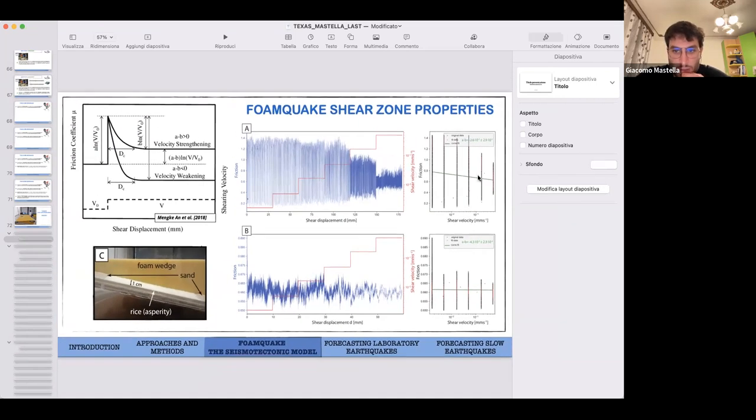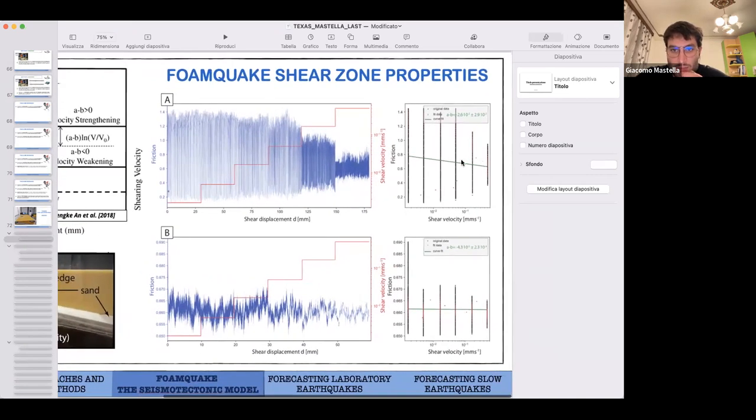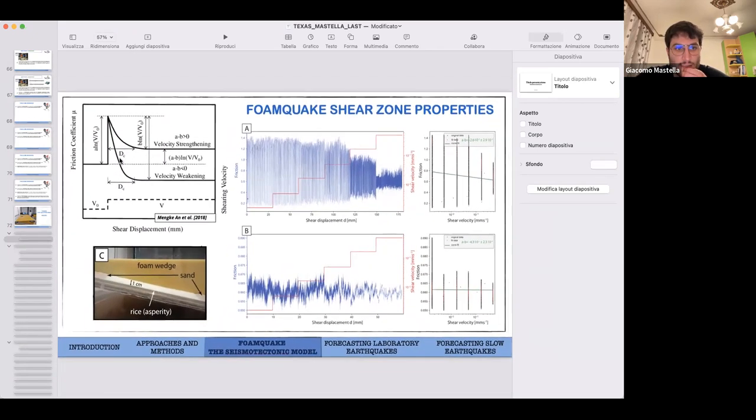Basically you obtain what is called the A-B parameter, which is the rate parameter that describes how one material changes its friction due to a velocity perturbation.